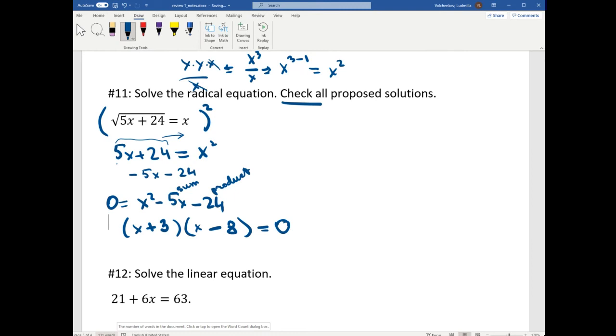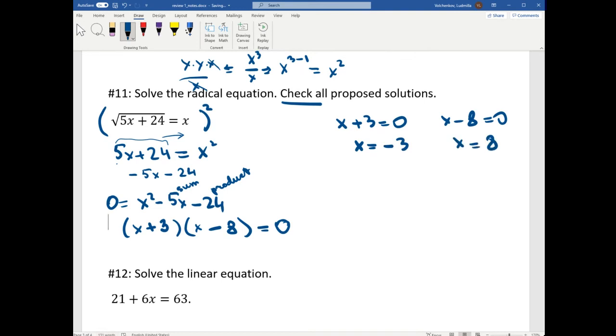So don't skip this step, because the solutions are not 3 and negative 8, but negative 3 and 8. To find the two proposed solutions, we solve x plus 3 equal to 0 and x minus 8 equal to 0. So the first proposed solution is negative 3 and the second positive 8.